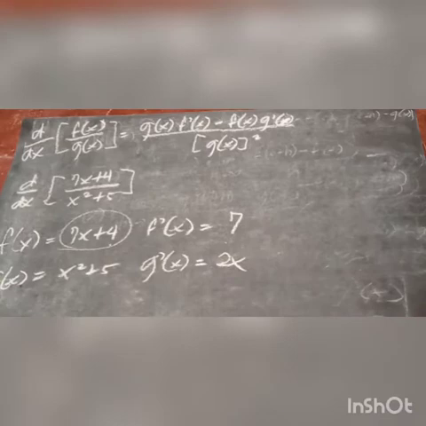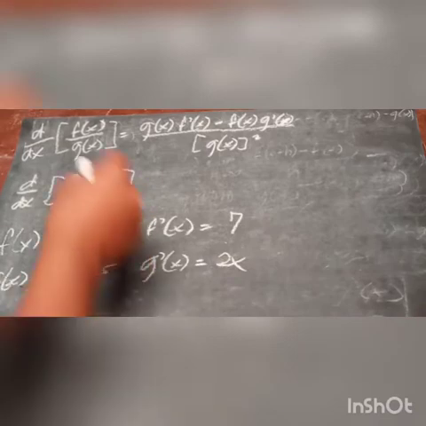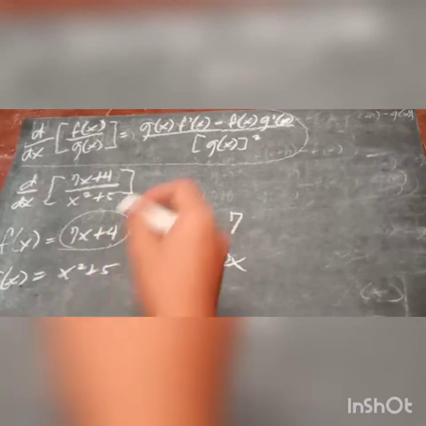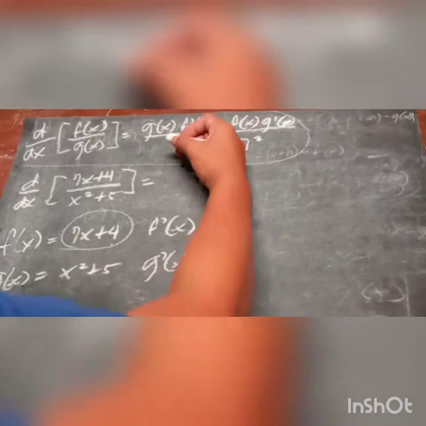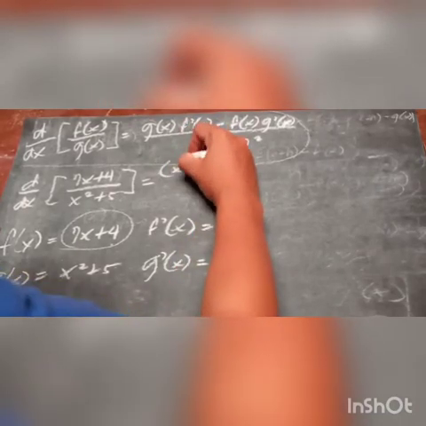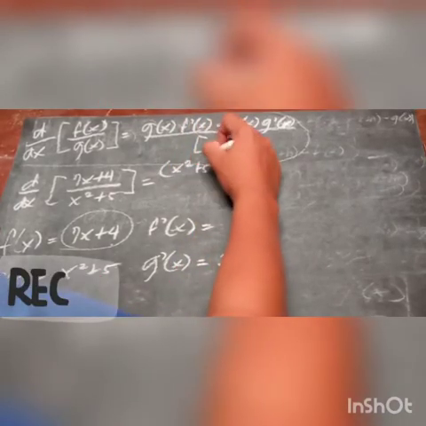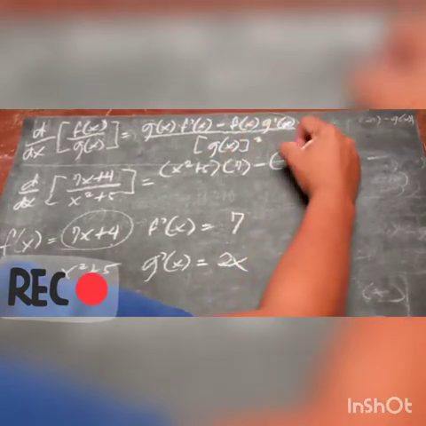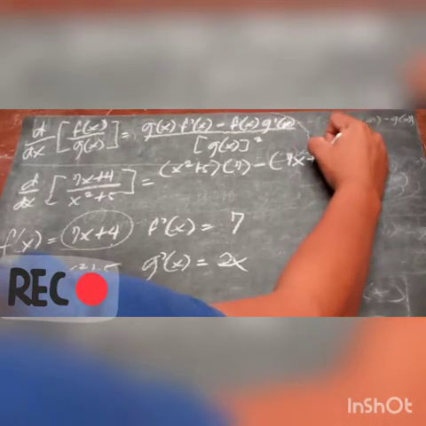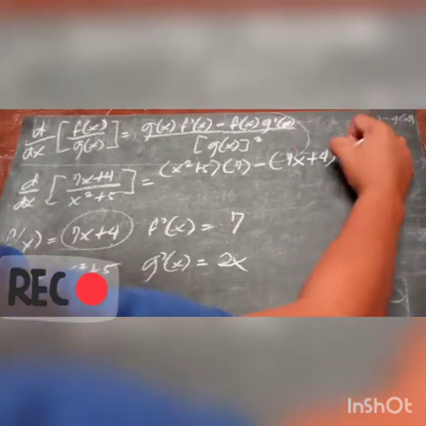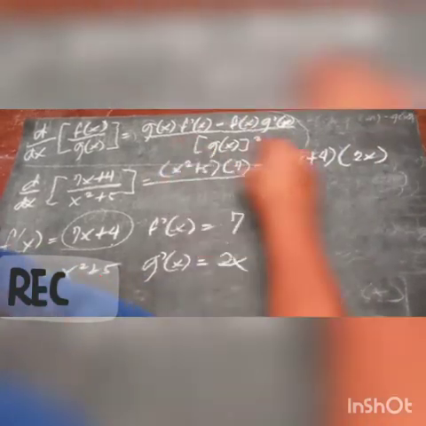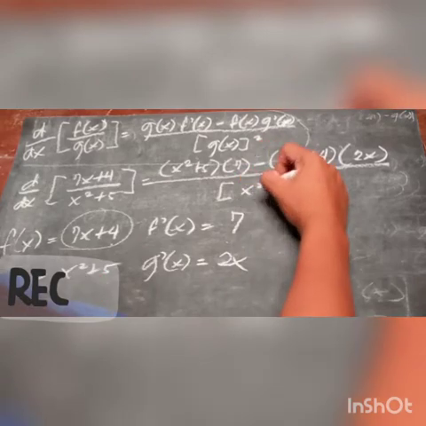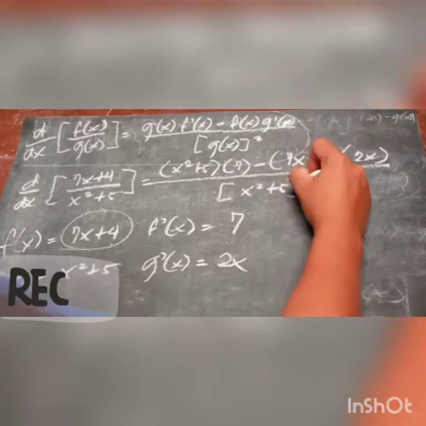So now we will just substitute this into the formula. So now we have x squared plus 5 times 7 minus 7x plus 4 times 2x, all over x squared plus 5 squared.